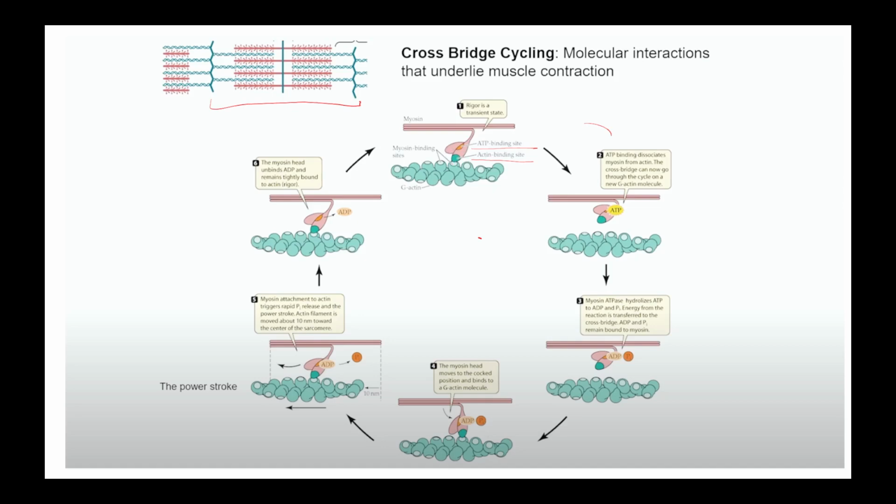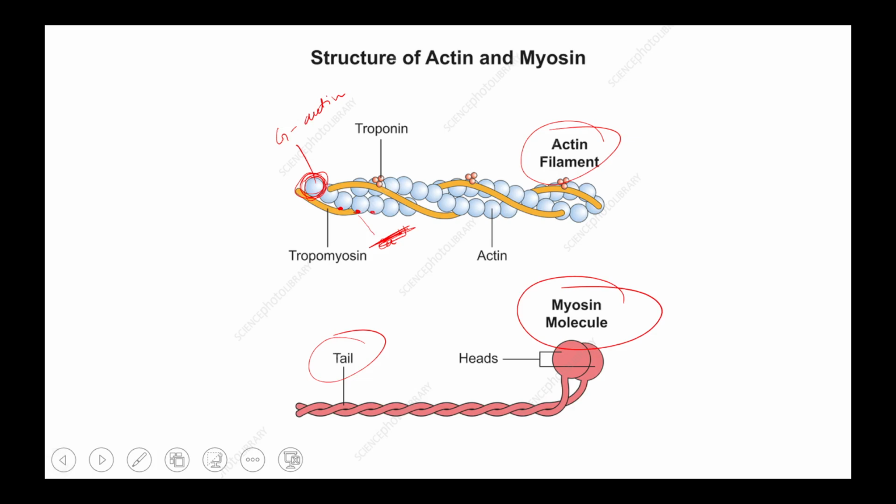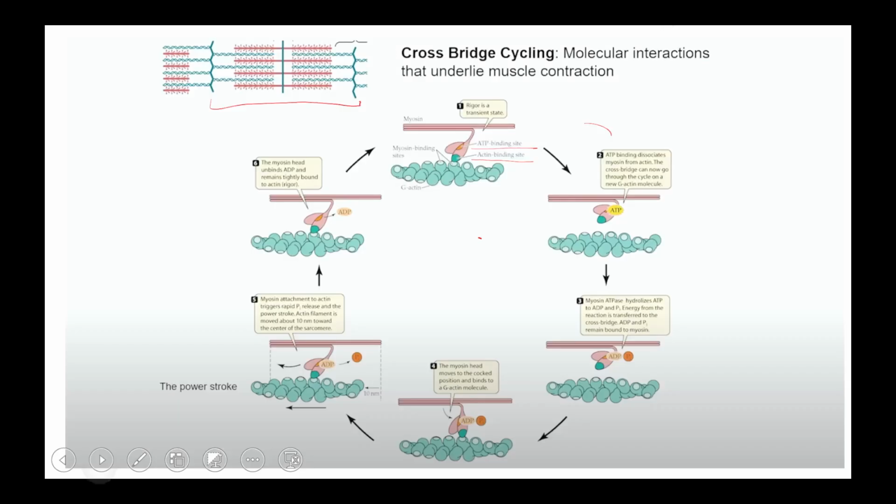When there is a calcium release, calcium interacts with the troponin, and troponin pushes or removes the tropomyosin from the G actin, and the G actin active site, or the myosin binding site, gets exposed, and that's how the myosin can bind to the actin with this actin binding site.